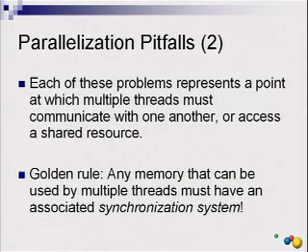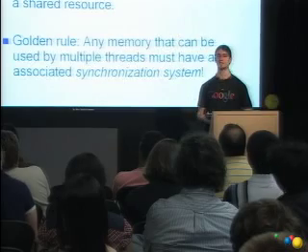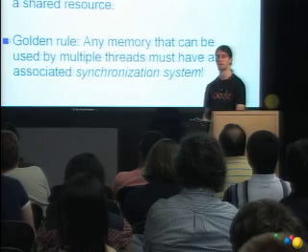And anytime multiple threads need to use the same block of memory, we need to use something called a synchronization system, which allows us to control the order in which this memory is accessed. So the next few slides are going to motivate with an example a few synchronization systems that we use in multi-threaded programming.